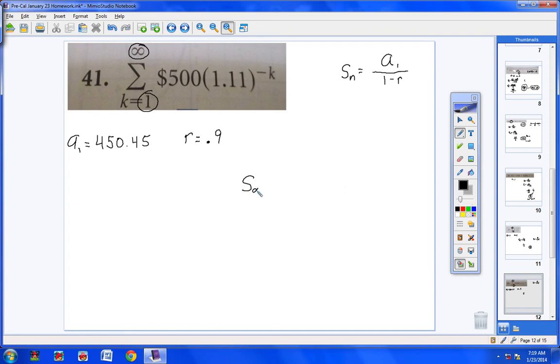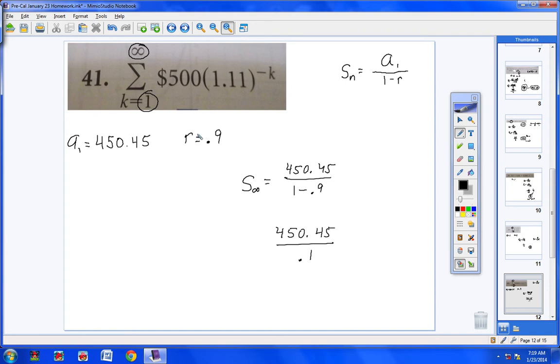All right, so a subscript 1 is 450.45 all over 1 minus 0.9, or in other words, 450.45 all over 0.1.